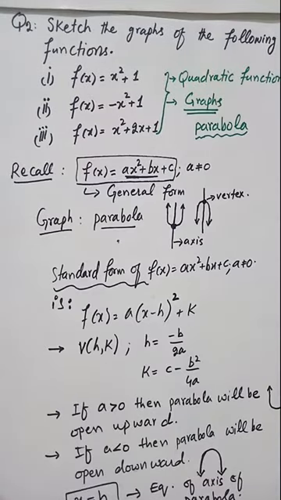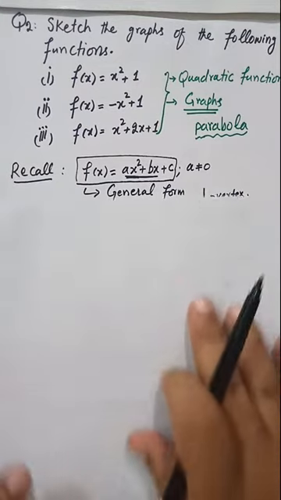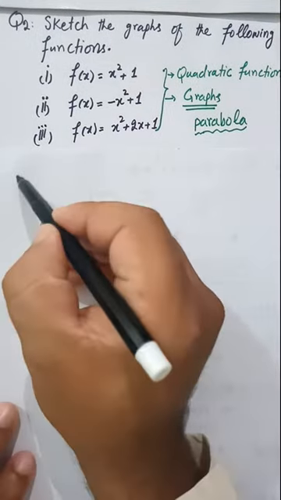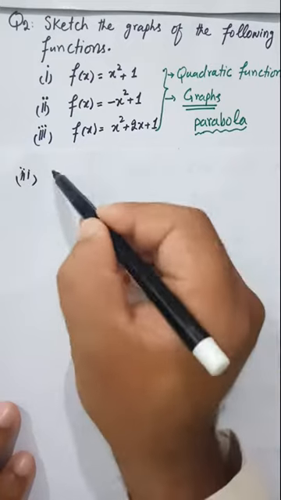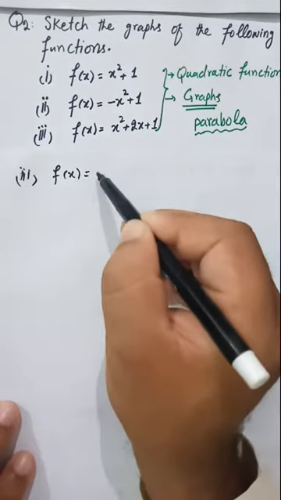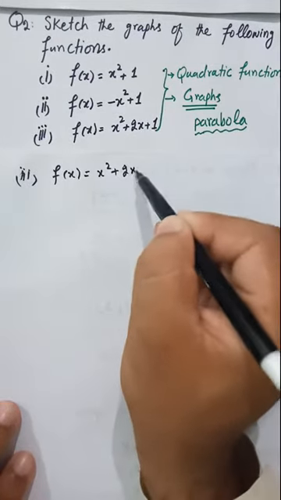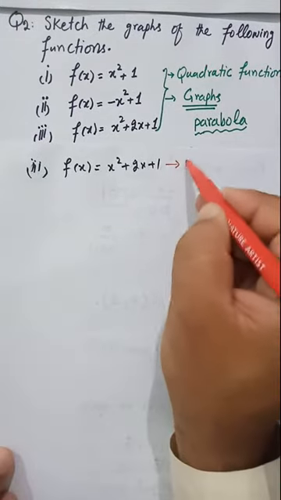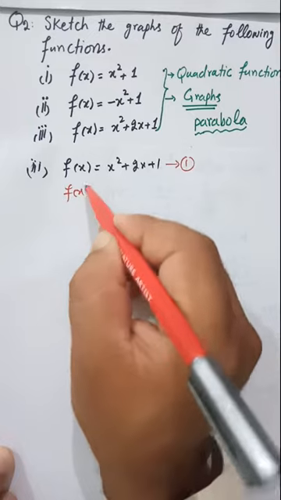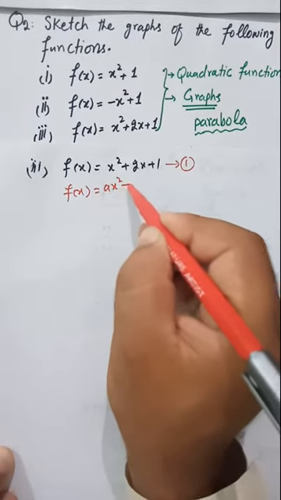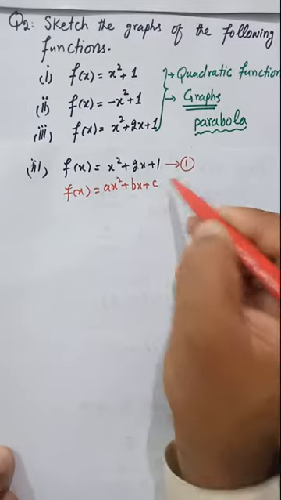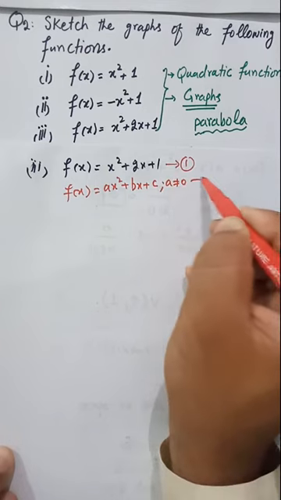For part number 3, f of x is equal to x square plus 2x plus 1, and this is the given. The general form is ax square plus bx plus c, where a is not equal to 0.